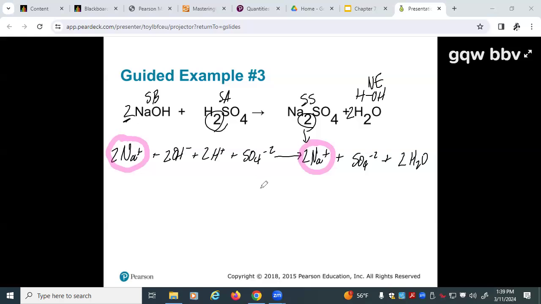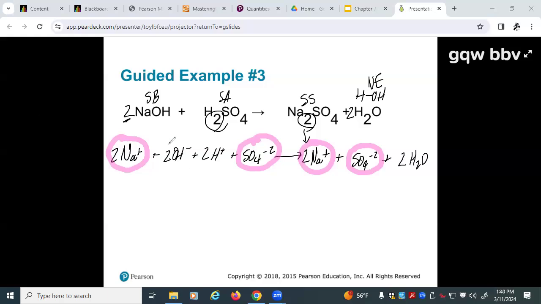Any others? Sulfate. Yeah. Sulfate's over here, and it's over here. It didn't participate either. But the hydrogen and the hydroxide, they aren't present on the product side. So we know that we need to keep them as they are.